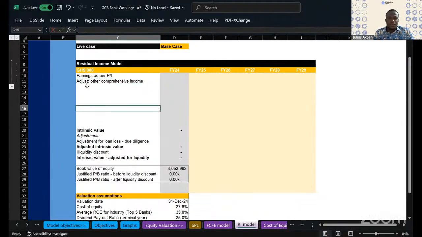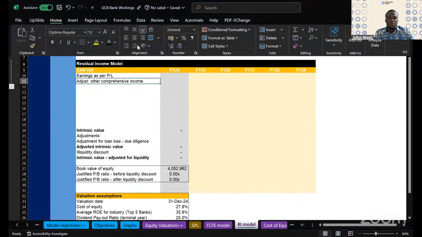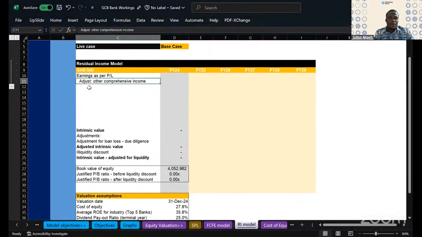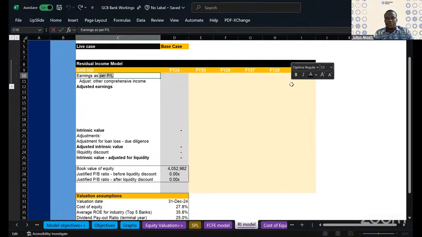Adjustment for other comprehensive income. And so maybe let me indent this. Then we have adjusted earnings. So we use that to start it. Then we have adjusted earnings, right?